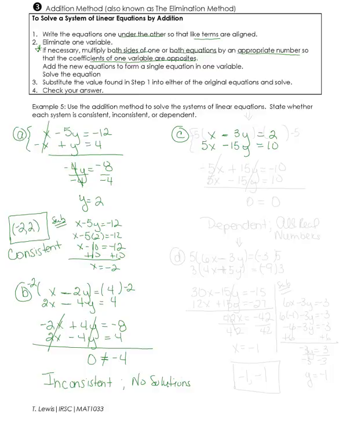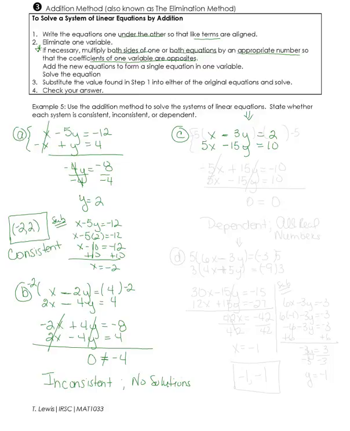We don't have any variables that are opposites of each other. So at this moment, we need to decide which variable we want to eliminate first. Since we've gotten rid of the x's first for the first two examples, let's look at the variable y. We have a coefficient of -3 and a coefficient of 15. Well, the least common multiple for 3 and 15 would be 15.